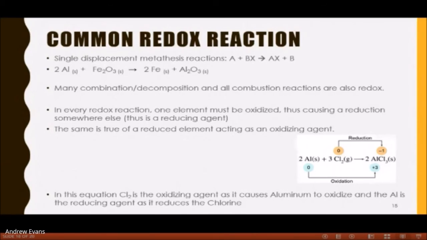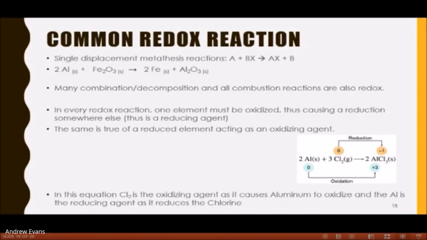If it went from zero to not zero, the oxidation state must have changed. If the oxidation state changed, there must be a redox process going on. So whenever you see a pure element in a chemical reaction, you should think redox. That should be the first thing on your mind.